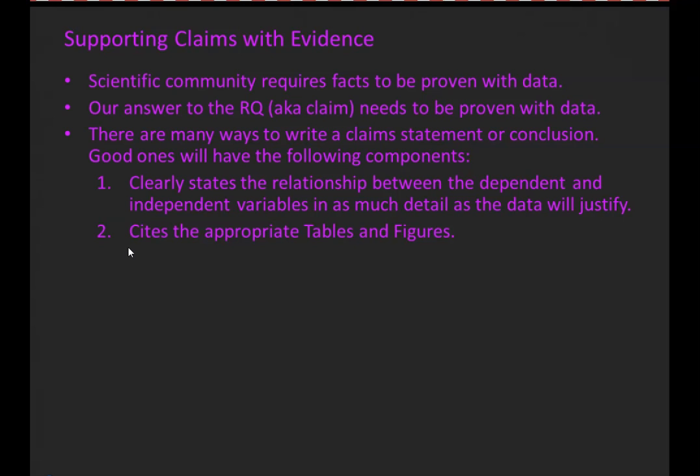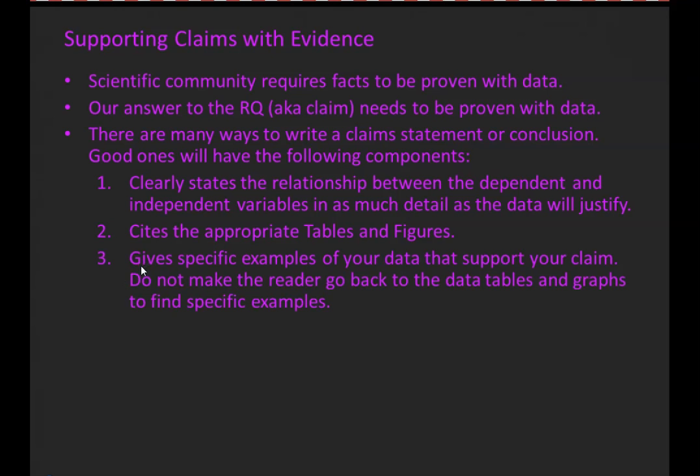Second, it cites the appropriate tables and figures in your lab report. Third, it gives specific examples of your data that support your claim. Do not, I repeat, do not make the reader go back to the data tables and graphs to find specific examples. Give the specific examples in your claim statement.